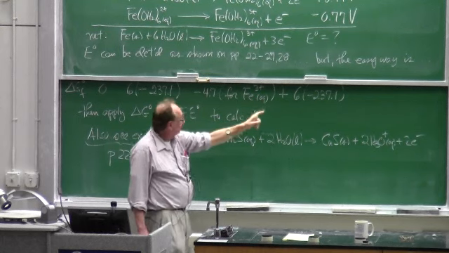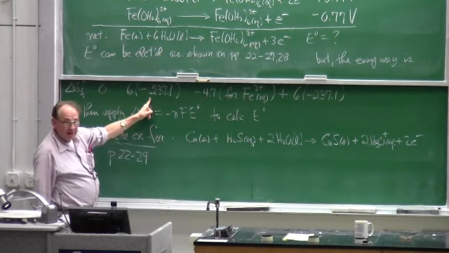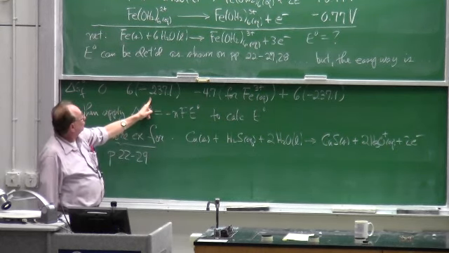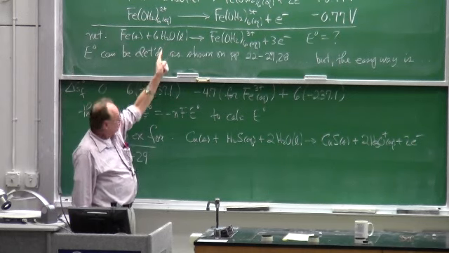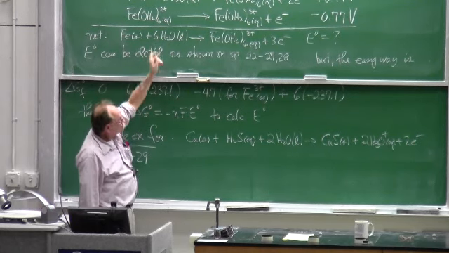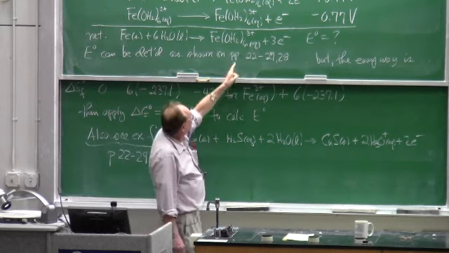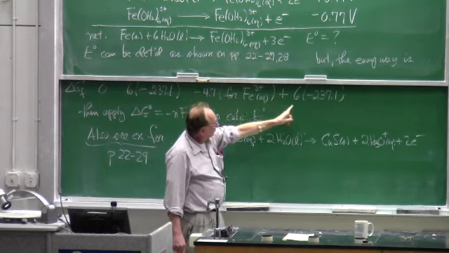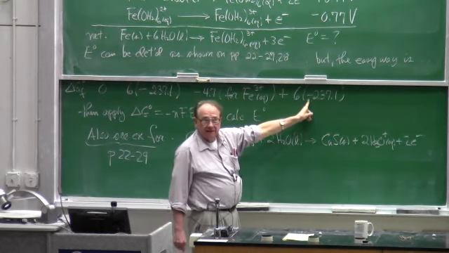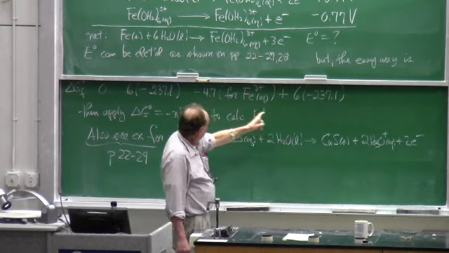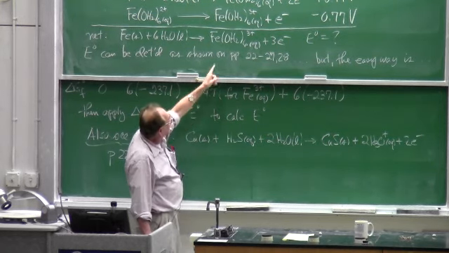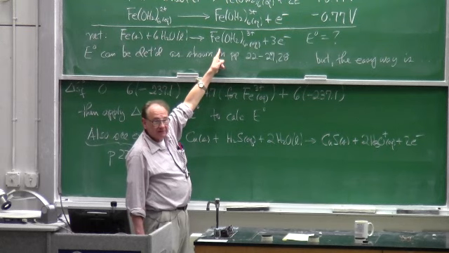That's why I wrote this. Here's delta G sub F super 0 for water liquid times 6. The formula contains 6, so you're going to add 6 times minus 237.1 to this number to get delta G sub F super 0 for this.